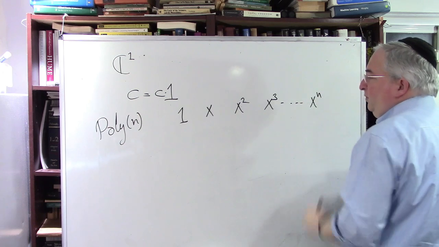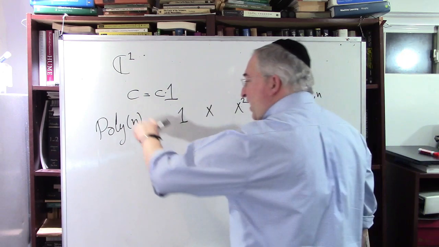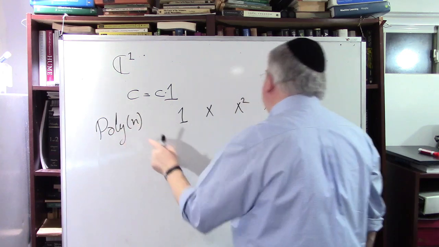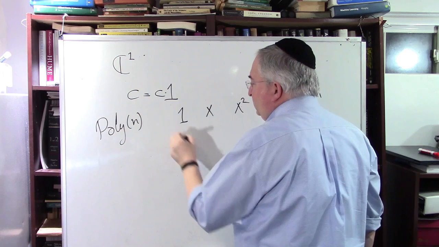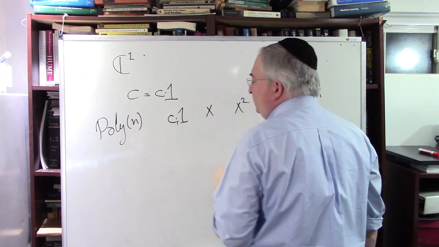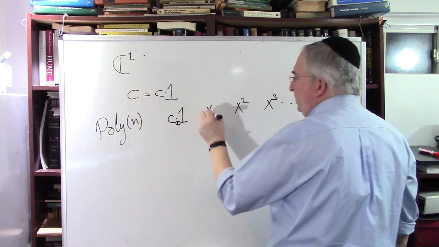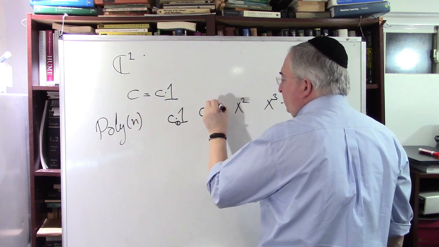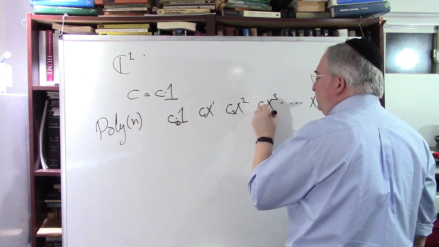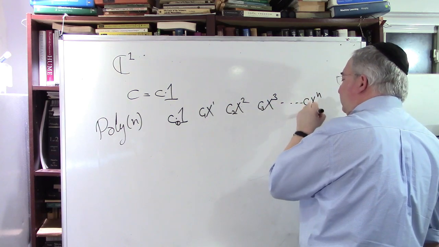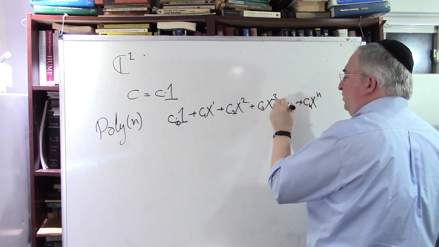Basically any polynomial of size at most n can be written as some complex number, let's write that as C0, times this, plus a complex number times that, plus another, and another, with lots of pluses in between.